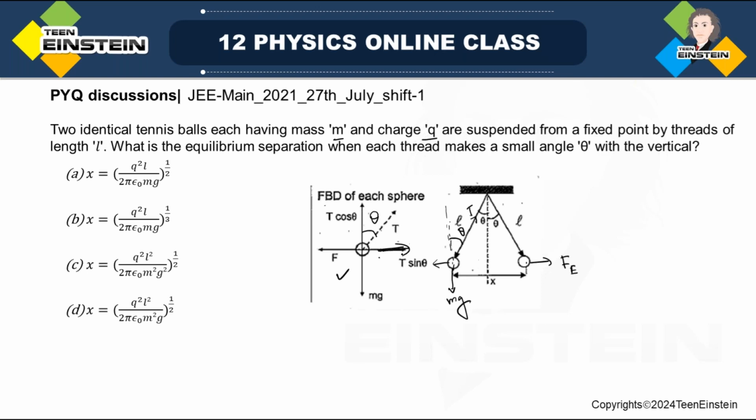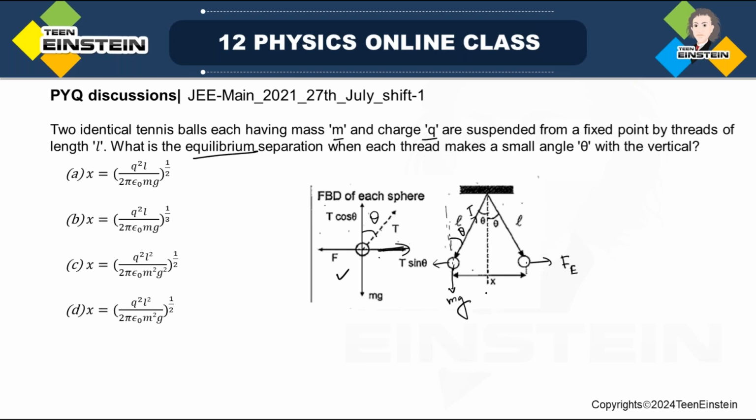And look here, we have to find out what is the equilibrium separation when each thread makes a small angle theta with the vertical. So each thread is making angle theta with the vertical, and in this situation it is in equilibrium.